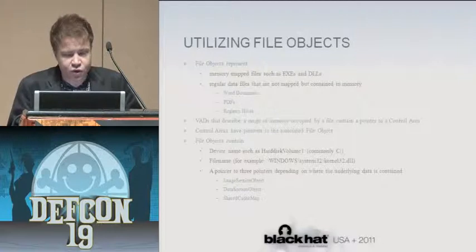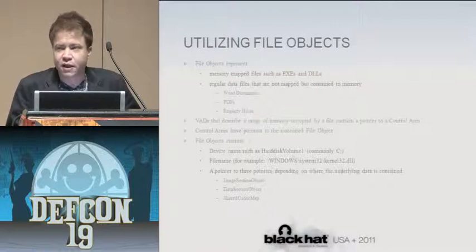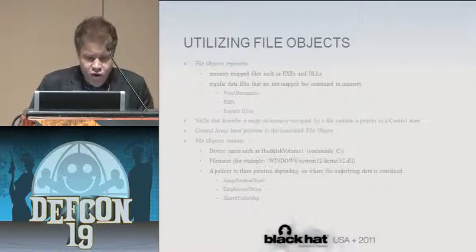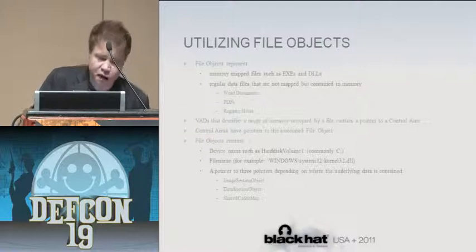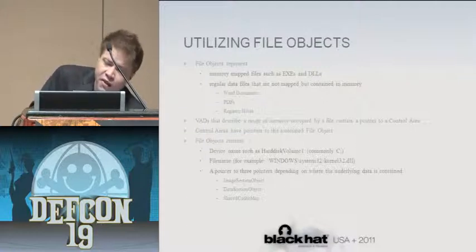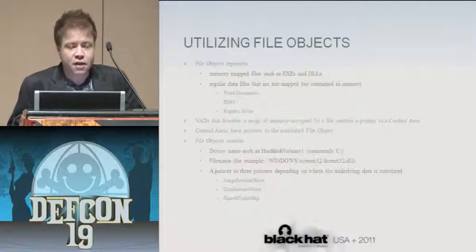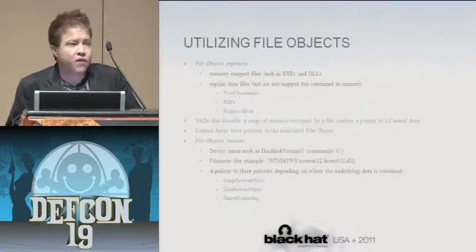So the VADs are still interesting to us, but we're going to utilize a little bit more data that they make available. VADs describe a range of memory that the file occupies. And if it's a memory mapped file, or if a file object represents that region of memory, then the VAD will have what's called a control area.